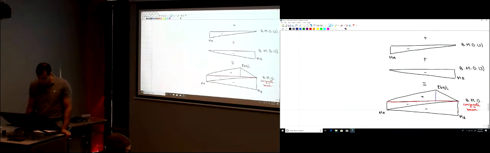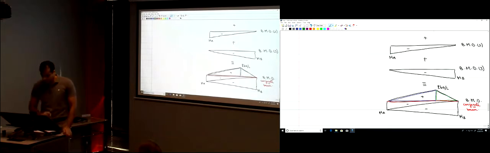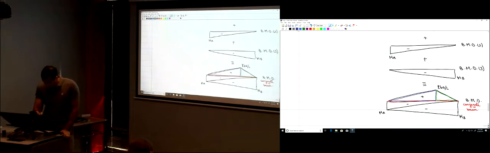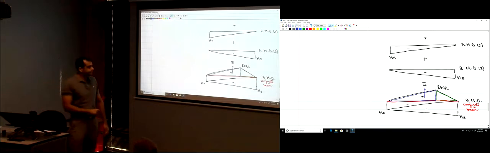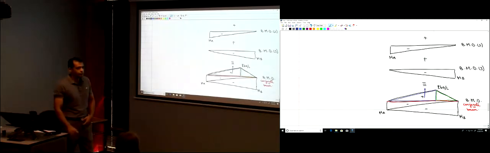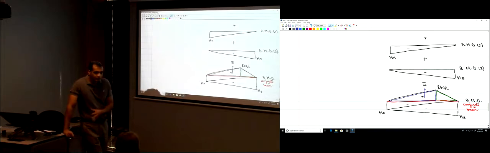This triangle here, and let's say this triangle here. And then the 2 negative triangles. Okay, so how much is this force? Not 2/3. 2/3 is the location of the point, 2/3 the length.